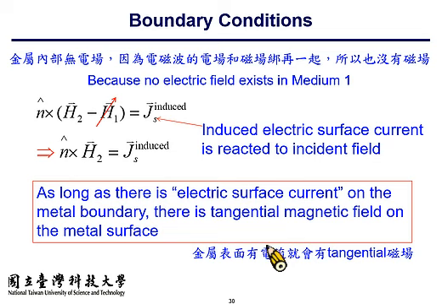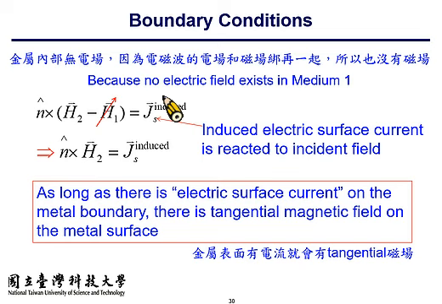Okay, the second boundary condition about PEC. Because the electrical field and magnetic field are coupled for time varying electromagnetic fields, for an electromagnetic wave the electrical field intensity and magnetic field intensity cannot survive alone.